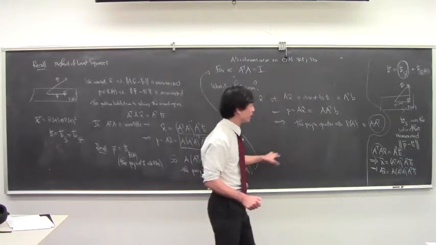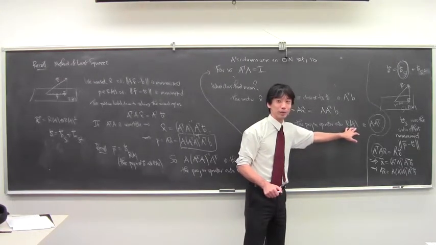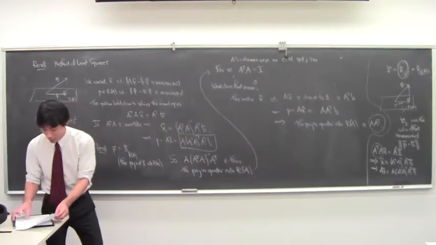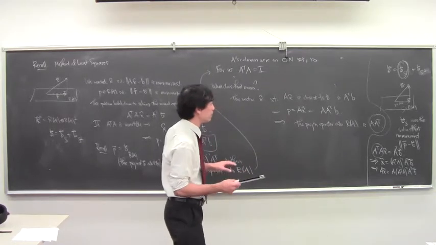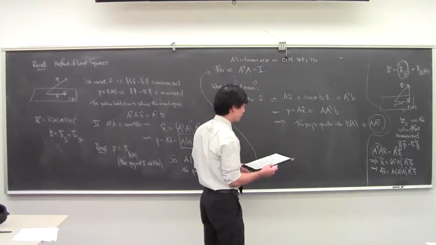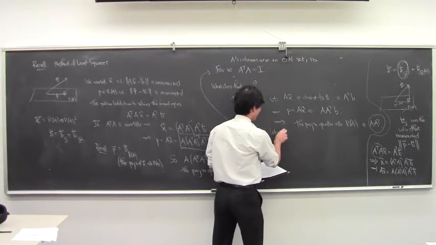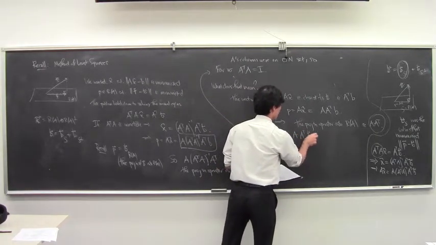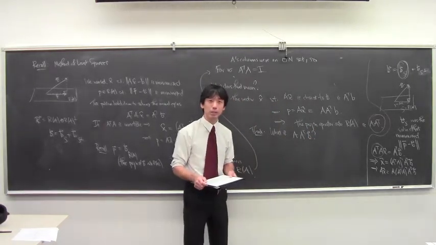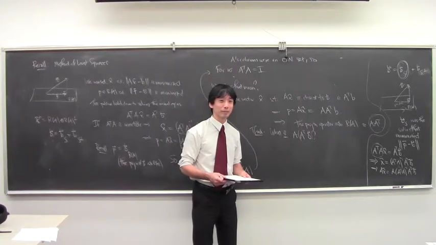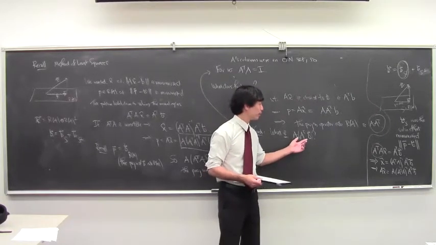In any case, the projection operator onto the range of A is A(AᵀA)⁻¹Aᵀ. Now think: what is Aᵀb?